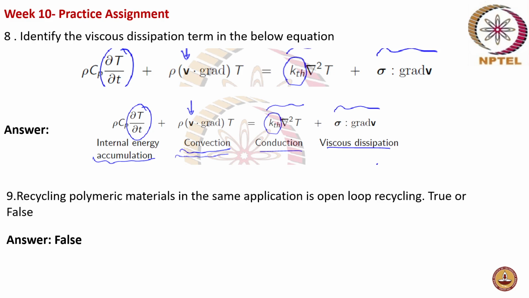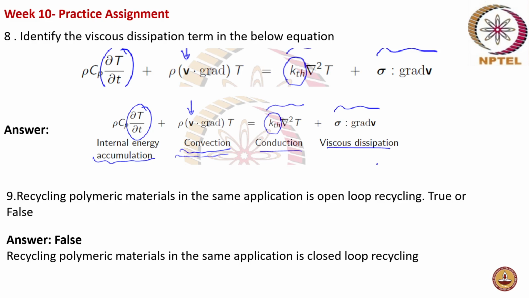So, the statement is false. Recycling of polymeric materials in the same application is called closed loop recycling. In the same application itself, it is reused. That means it is a closed loop. It's not going out of that particular factory, right? Within that same factory, they are recycling, so it's closed loop recycling.